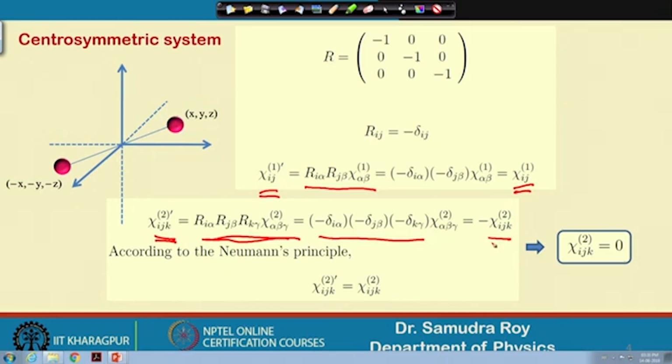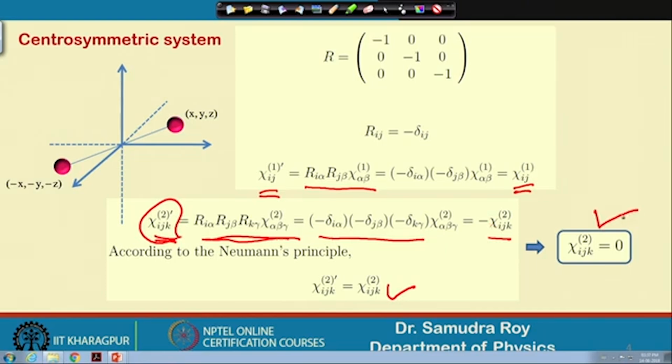So, what is the meaning of that? Now, it is a symmetry operation, so whatever value we have should be equal to the same value after the transformation. After the transformation I have chi_ijk prime, before the transformation it was chi_ijk, so chi_ijk and chi_ijk prime should be the same. But we find that chi_ijk 2 prime is the negative of chi_ijk 2, while this has to be the same. Since they are related with a negative sign, this quantity must be 0.